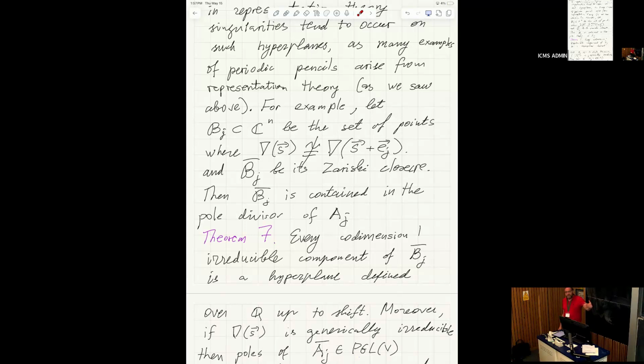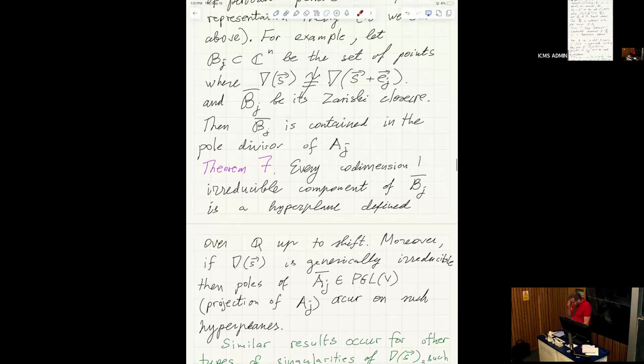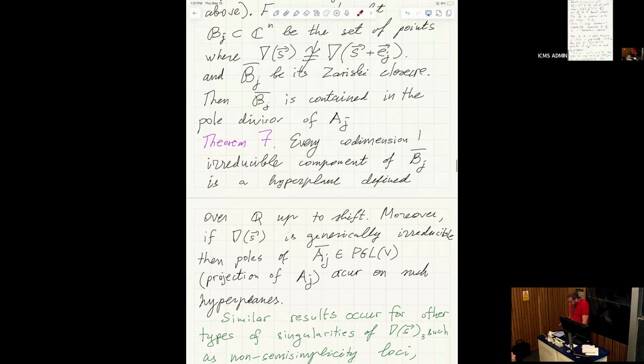So I said that A_j is going to have some poles, and the pole divisor contains the singularity set. And the theorem is that every codimension 1 irreducible component of Bj bar is a hyperplane defined over Q up to shift. So this means that it cannot show the constant term defined over Q. And moreover, if nabla of s is irreducible generically, then poles of the A_j, when it is projectivized, occur on such hyperplanes.